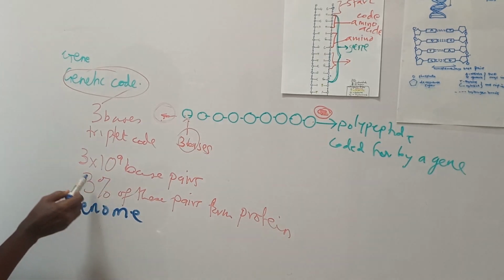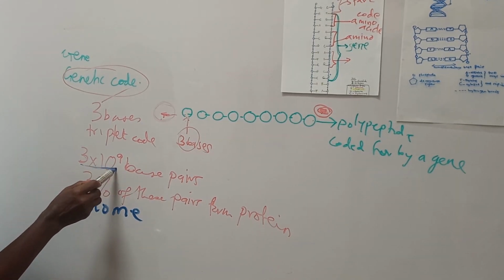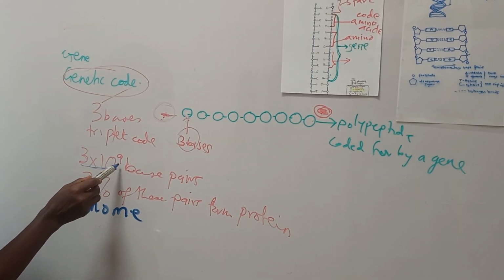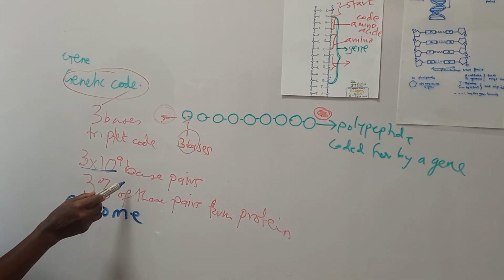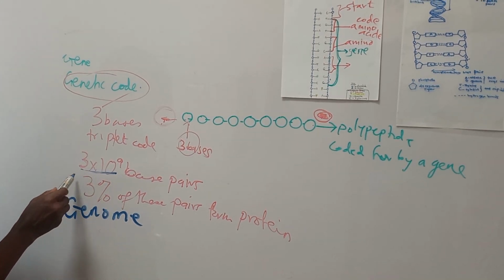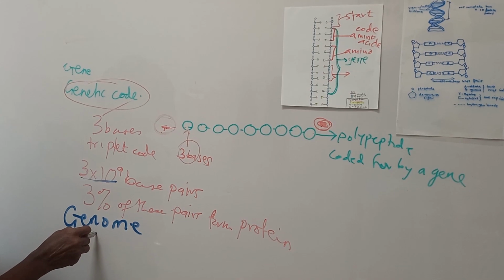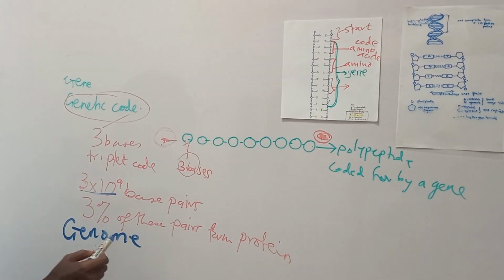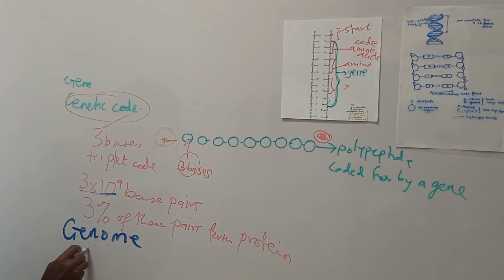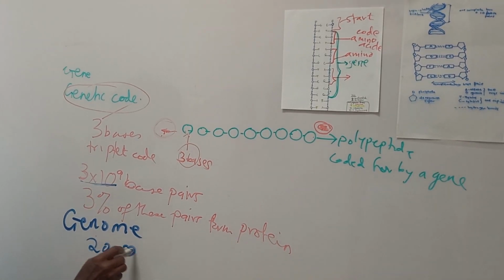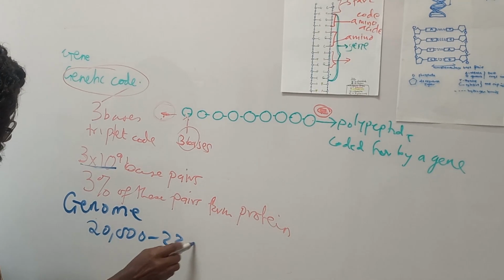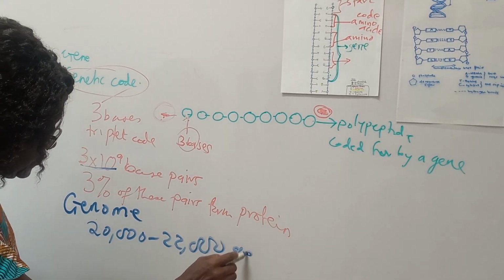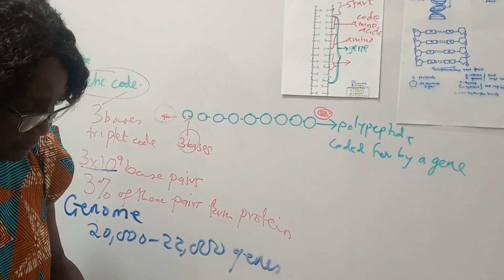And as we said, there are about 3 times 10 raised to the power 9 base pairs in a human genome. All right? And it's been found that there are between 20,000 to 22,000 genes in the human genome.